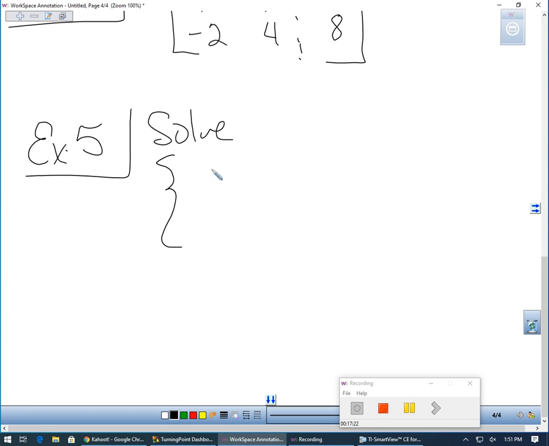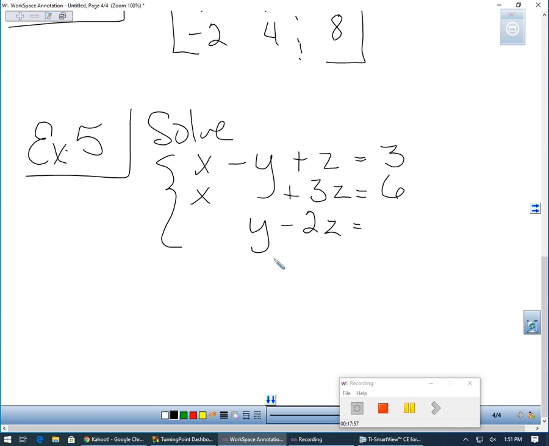X minus Y plus Z equals 3. Second one, we have X plus 3Z equals 6. And the third equation we have is Y minus 2Z equals -1.